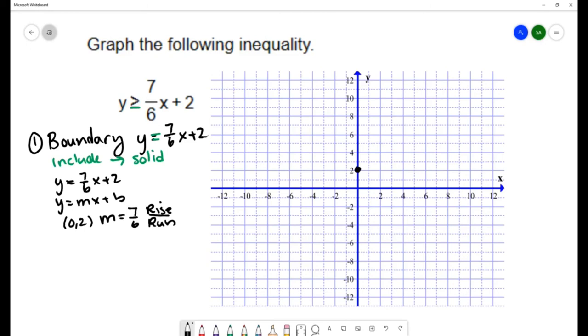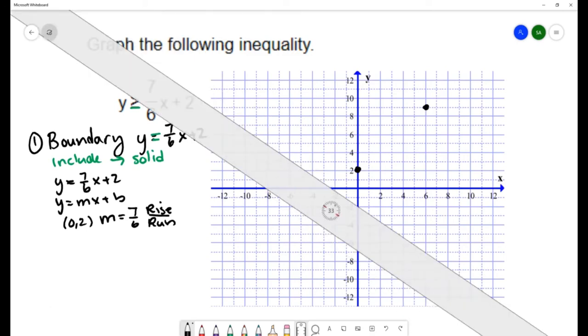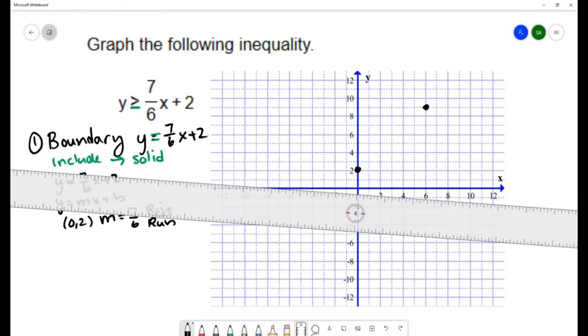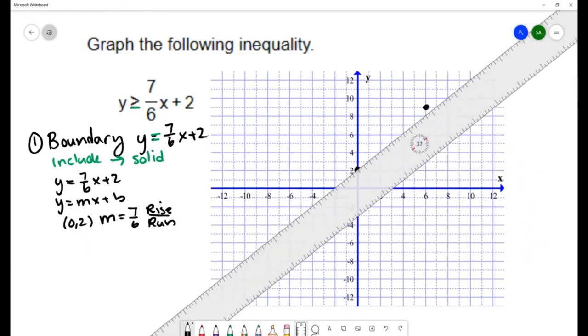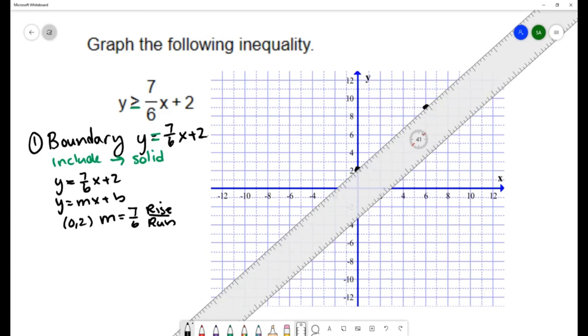The slope is that tilt of the line. So we're going to rise 7 and run 6. I'm counting in my head over here to get to this point. And we're going to connect those 2 points to create the boundary line. And remember, we're connecting them with a solid line because this boundary line is included in the solution set.